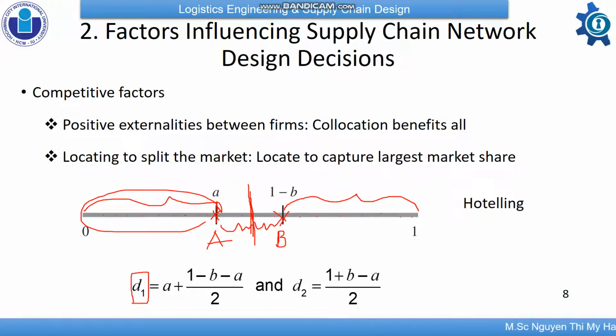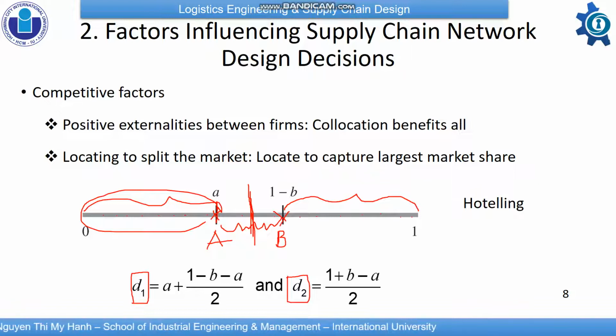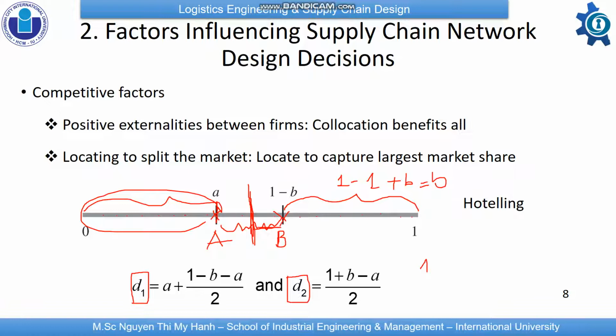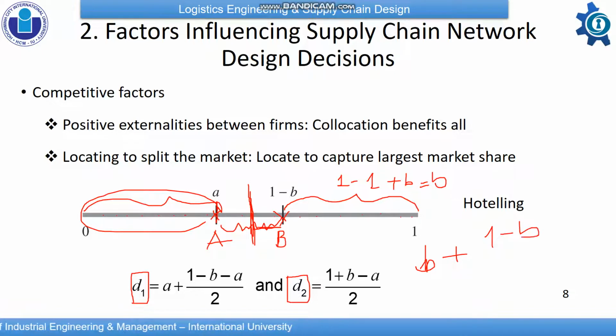And company B will serve the customers D2, equal to this area from B to 1, that is 1 minus (1 minus B), which is equal to B, plus half of this area, so we have B plus (1 minus B minus A) divided by 2.